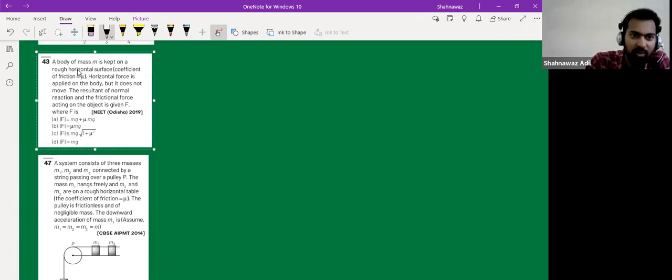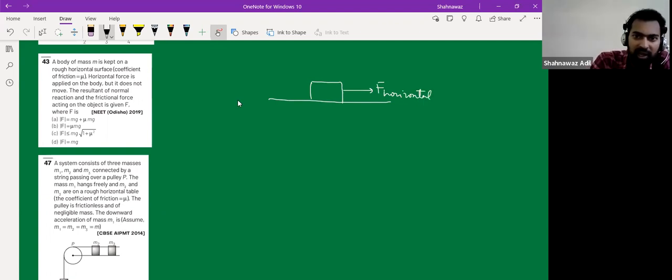In this question, a body of mass m is kept on a rough horizontal surface, coefficient of friction is mu, and a horizontal force is applied on the body. So let's say something is kept right here and a horizontal force is acting, and friction is acting on this side.